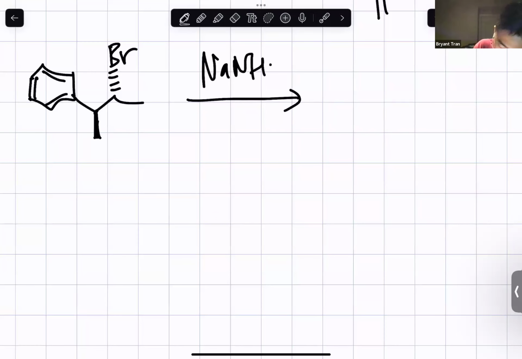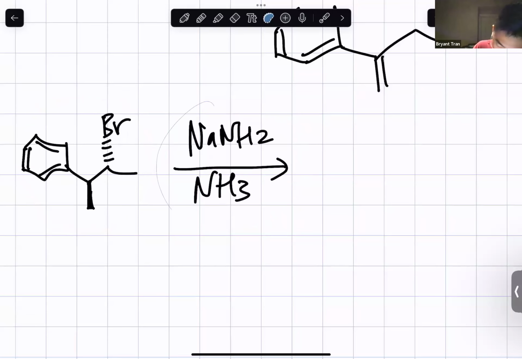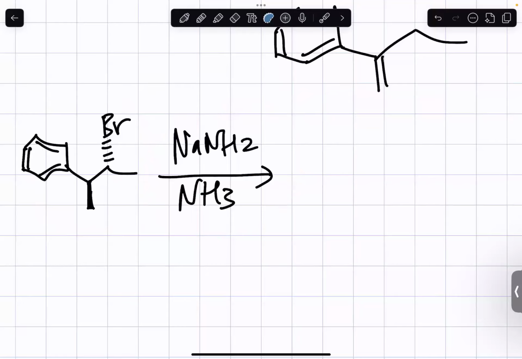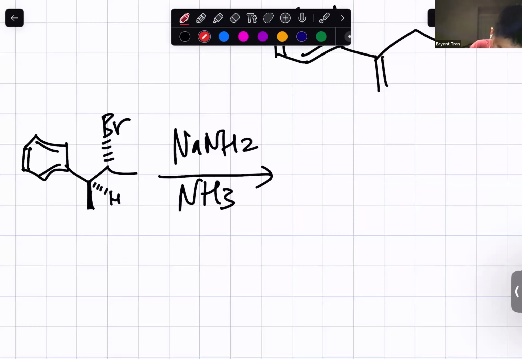What would you guys do if that was a wedge right there? You rotate it. You would rotate this single bond here between the alpha and beta carbon. So I'm going to draw out the hydrogen here, that is a dash, which is not anti to the good leaving group here. To make it anti, we have to rotate it.